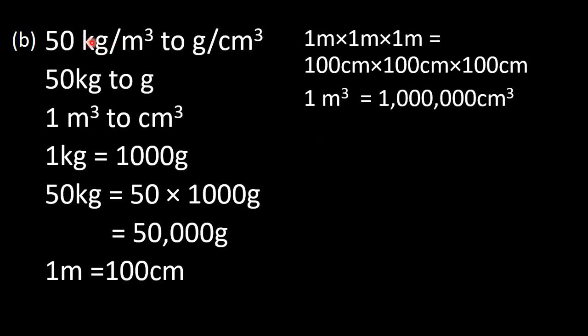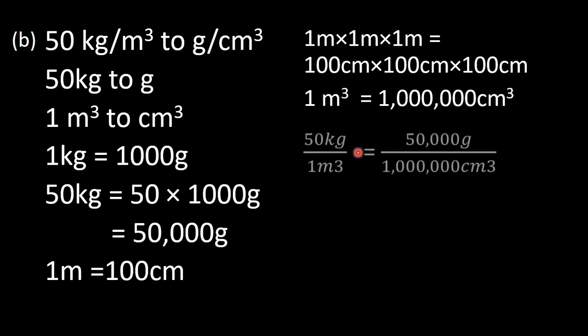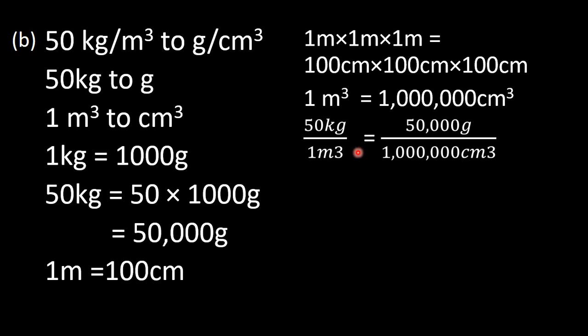Now let us convert the 50 kilograms per cubic meter to grams per cubic centimeters. Now we know that 50 kilograms per cubic meter is the same as 50 kilograms divided by 1 cubic meter, which is equivalent to 50,000 grams divided by 1 million cubic centimeters.